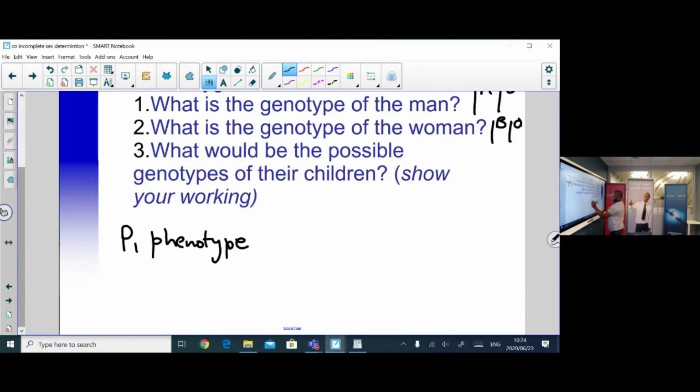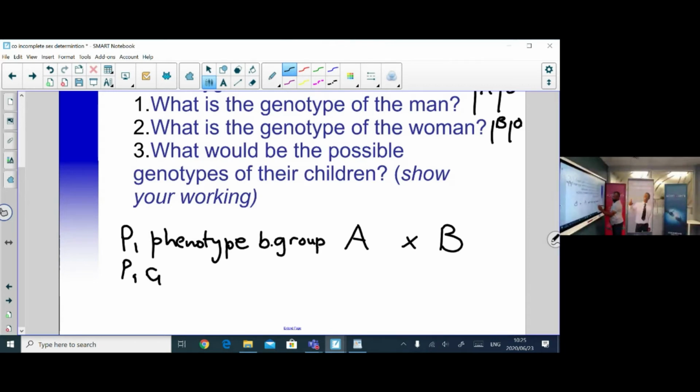I'm shortening blood group. The man is A. Against the woman use B. I go on to the genotype.